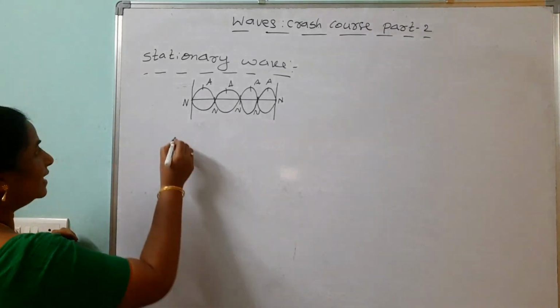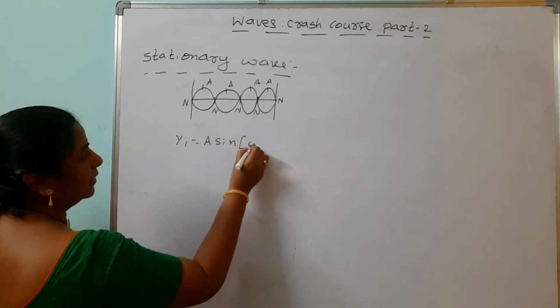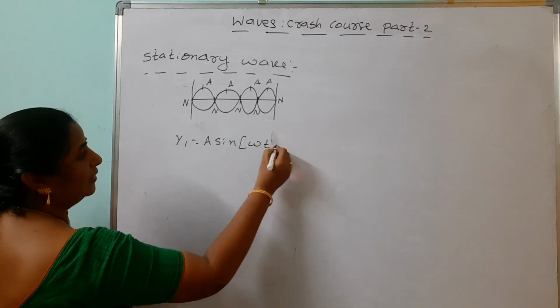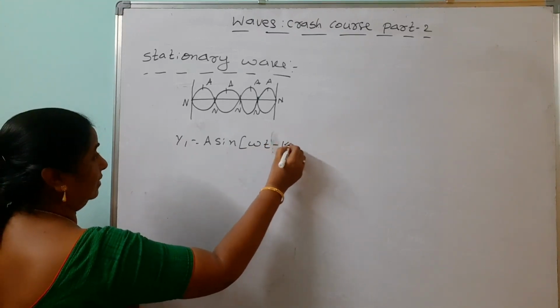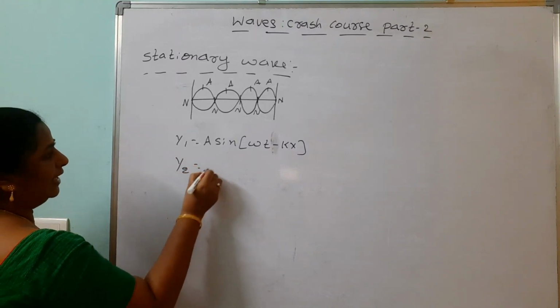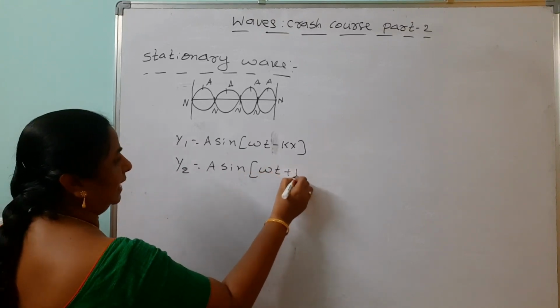Look here. For the incident wave we take y1 equals a sin(omega t minus kx), along the positive x-axis, and then y2 equals a sin(omega t plus kx).